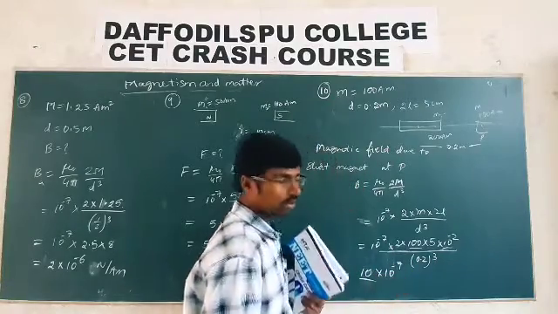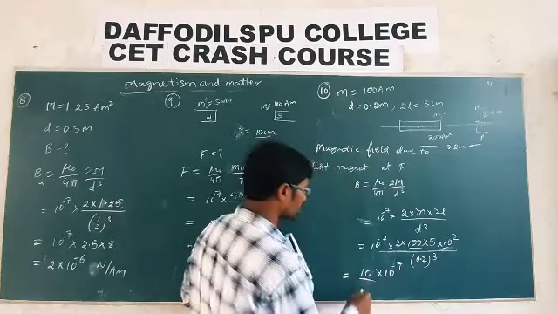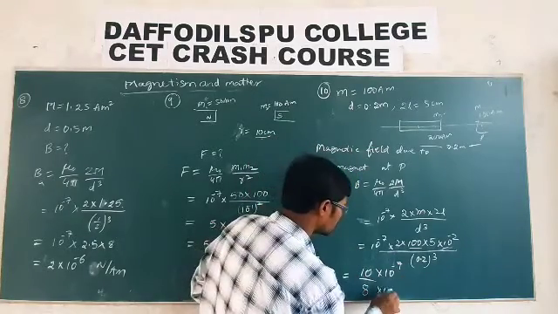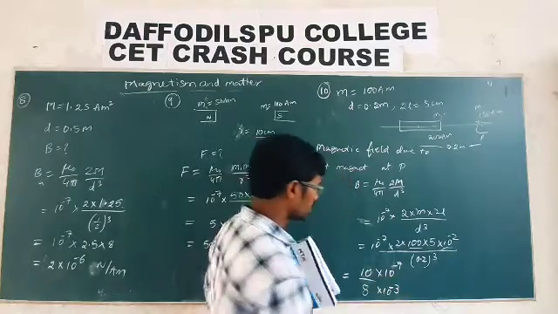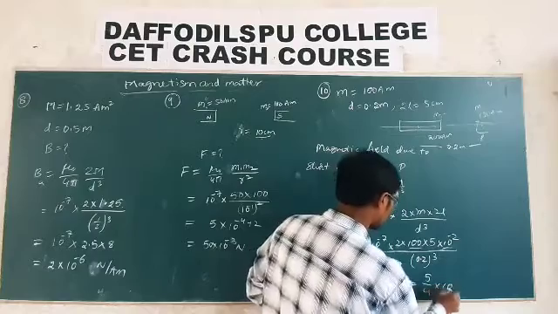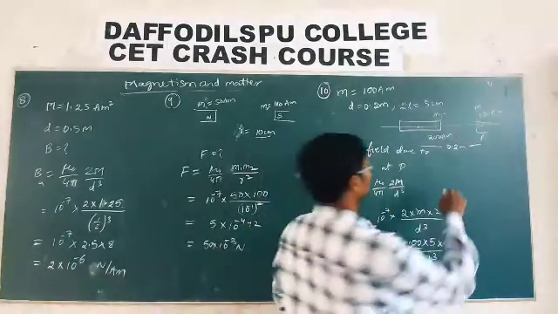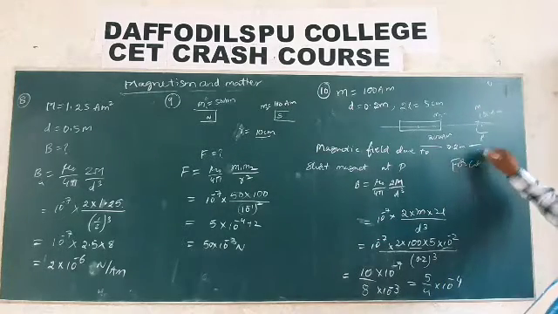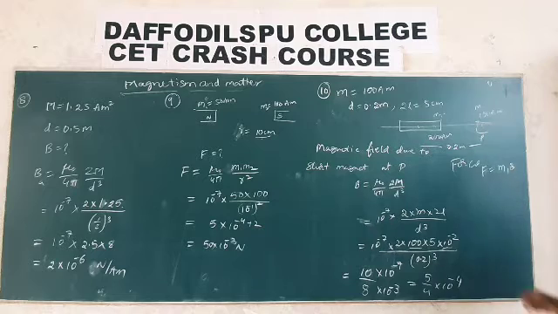Then 100 into the magnetic field due to this one, 5 by 2 into 10 power minus 4. Then here it is 50. So 250 into 10 power minus 4, or 2.5 into 10 power minus 2 Newton is the force due to this bar magnet.